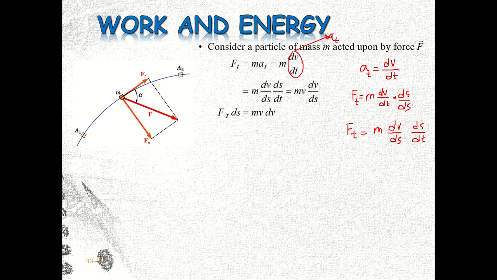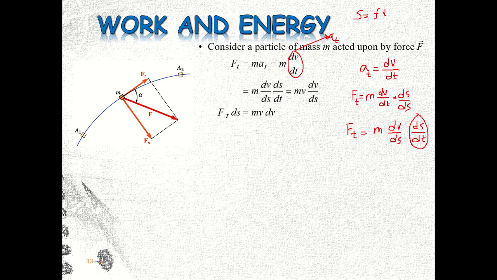Okay, so we know that ds over dt, if you can still remember this from our previous discussion, is the displacement, or position, as a function of time f sub t.